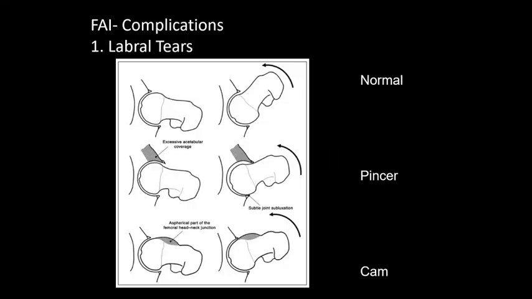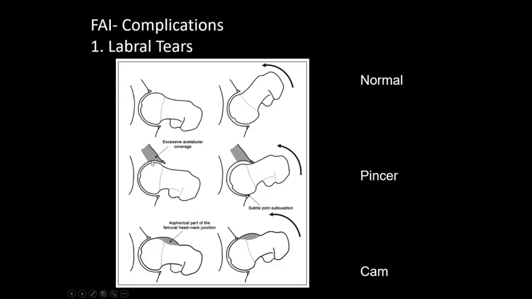What are the complications of femoroacetabular impingement, whether it is pincer, cam, or both? The first complication is obviously labral tears, and that's because of the abnormal mechanics of the hip joint. So this is a normal hip joint during flexion, adduction, internal rotation. You should have clearance between the anterior cortex of the femoral neck and the labrum.